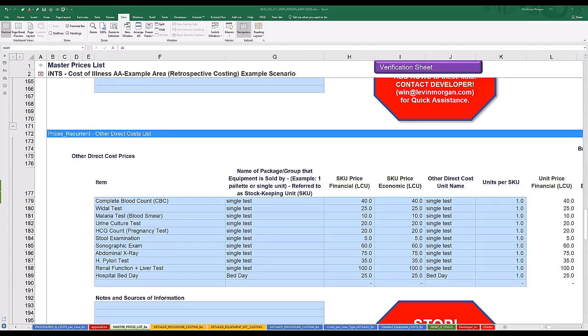Hi, Folashayo. Thank you, Win, for the brilliant presentation and for this very robust and comprehensive tool for collecting the data. I'm just going to quickly chip in, as a follow up to what the last two speakers just said.